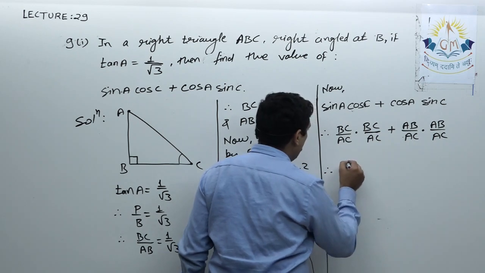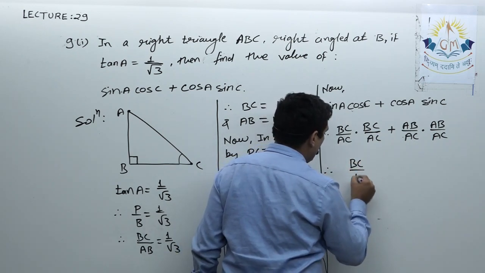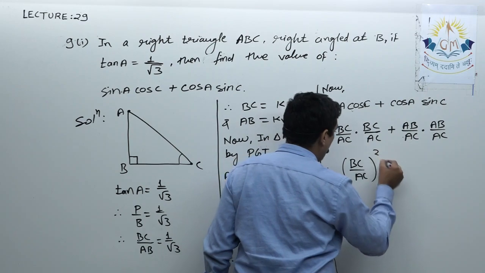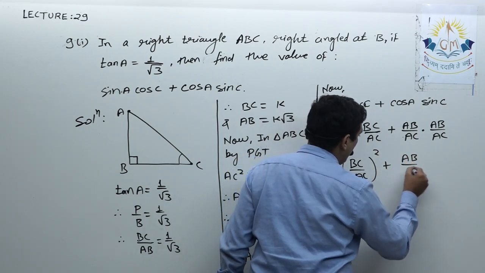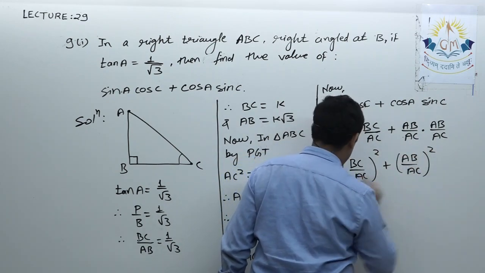So actually here I can write BC upon AC whole square plus AB upon AC whole square.